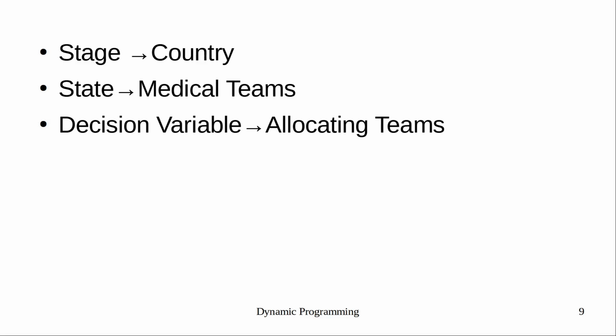Please remember, here the decision variable is the teams that you are allocating to yourself. That is, at stage 2, what is the decision being taken? It is allocating a number of teams to country number 2. When you arrive at stage 2, you will decide how many teams to allocate to country number 2.